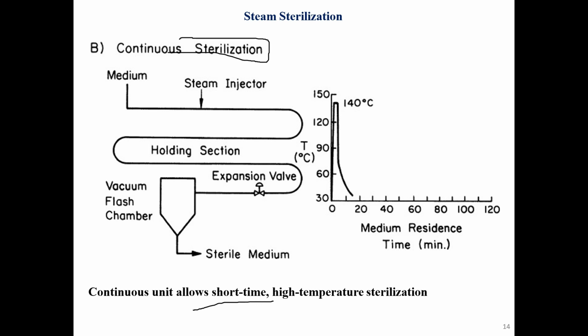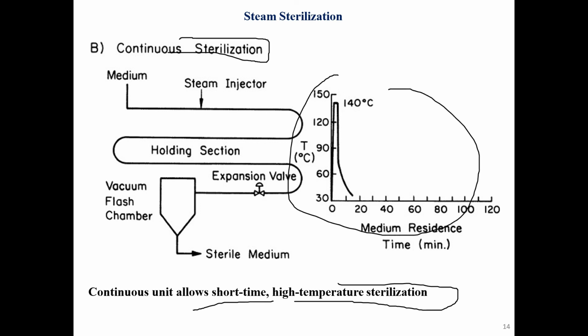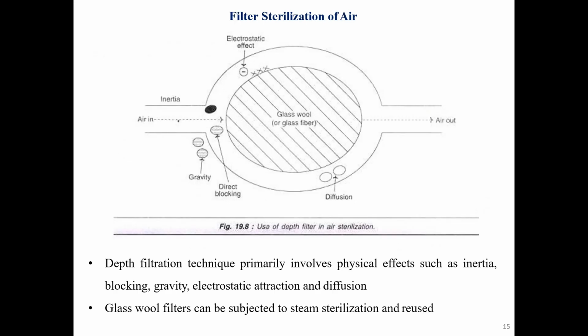So it's a short time, high temperature sterilization. As you can see in the graph, the cells are put in at an already really high temperature and they get sterilized immediately.